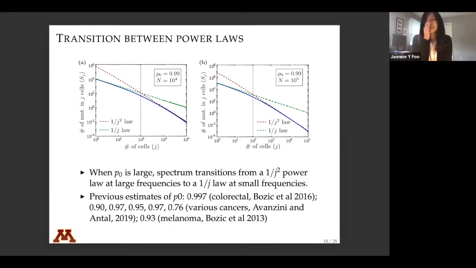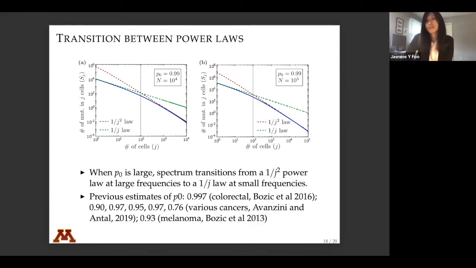So it's really just driven by the fact that when we look at the large frequency end of the tumor, we're really looking back in time at the mutations that occur early on and on the skeleton, so the cells with infinite lines of descent. The previous results on the 1/J² law used the approximation that made these calculations on the skeleton.